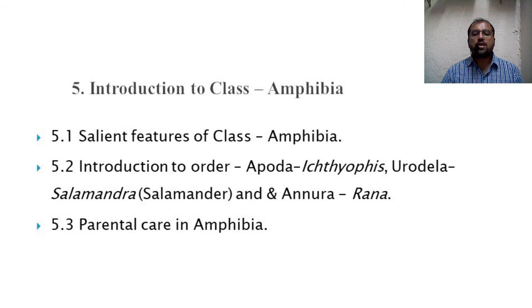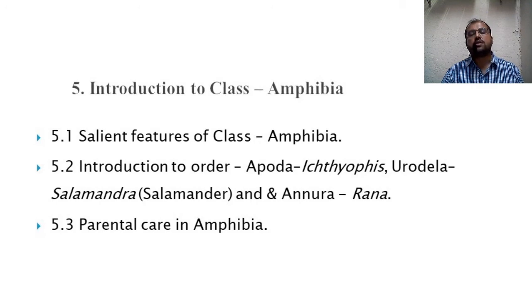Again, three different orders that we are going to study under this Amphibia. Number one is Apoda, absence of legs. Example is Ichthyophis. The second is Urodela, and the example is Salamandra, which is also called a salamander, that is a tail-bearing amphibian.